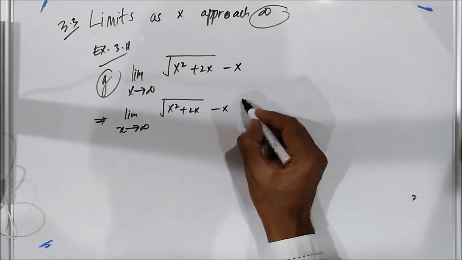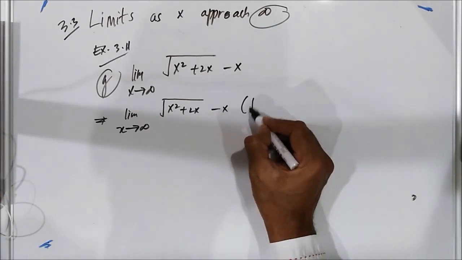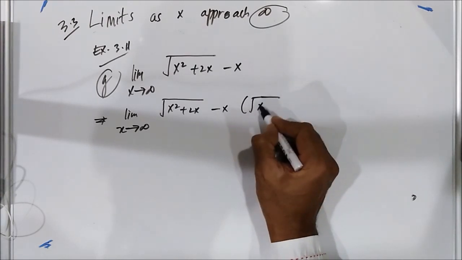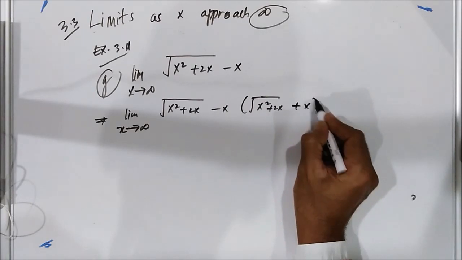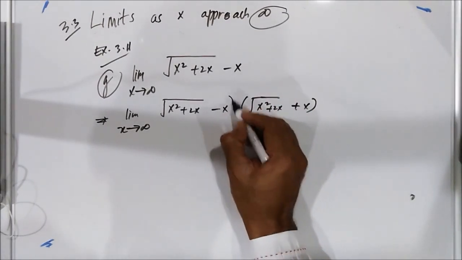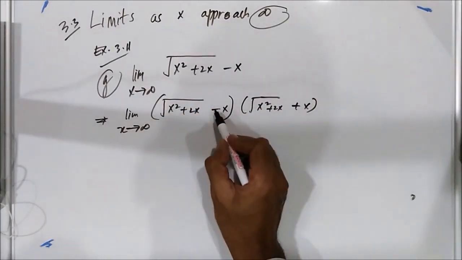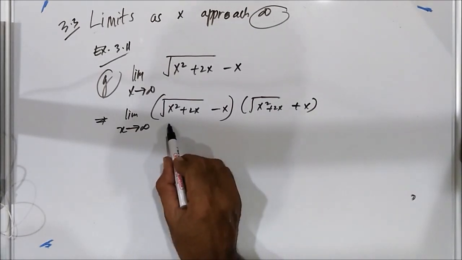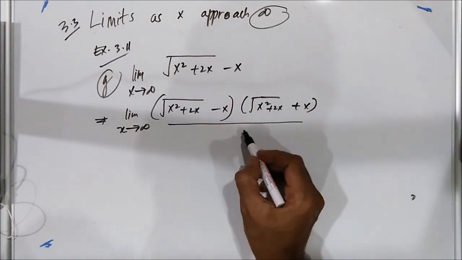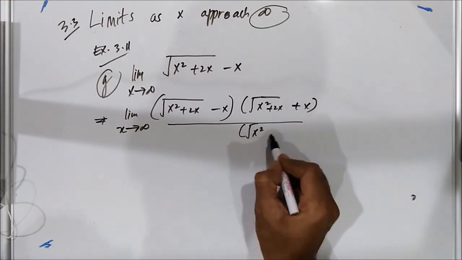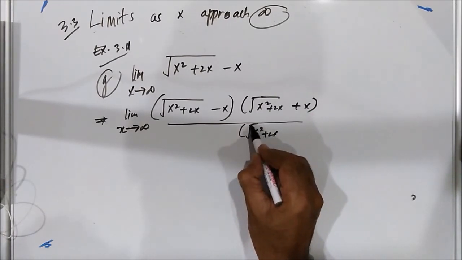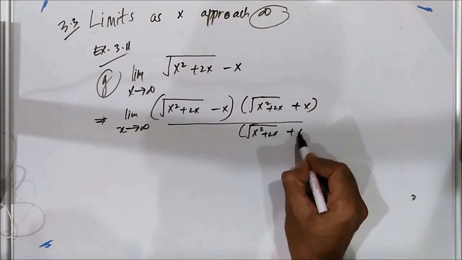You multiply by square root of x raised to 2 plus 2x plus x. Minus becomes plus. Then don't forget to divide by the same value here: divide by square root of x raised to 2 plus 2x plus x.